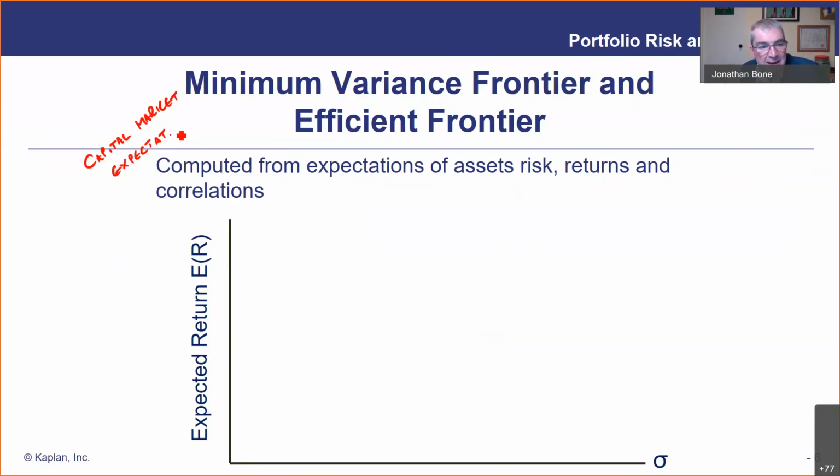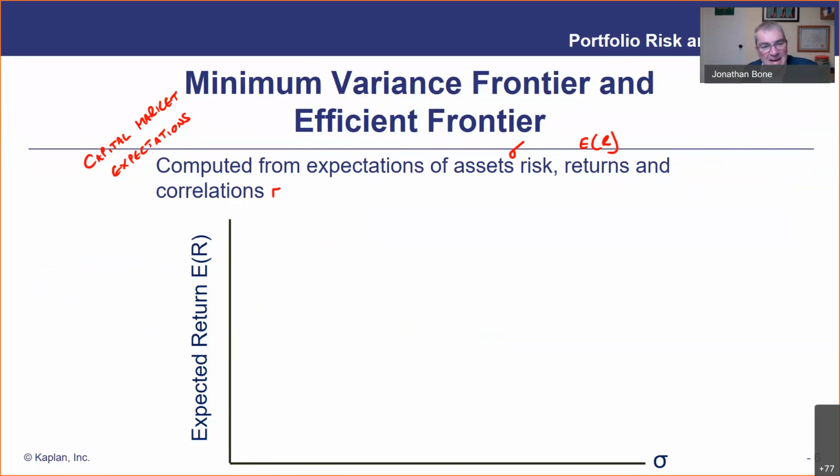Now, what do we mean, capital market expectations? We mean expectations of assets' risk, expected return, and correlations between assets. Now, when we're looking at CAPM, we talk about individual assets, individual equities, individual debt securities, etc. So we would need each individual asset's risk, return, and correlations with other assets.